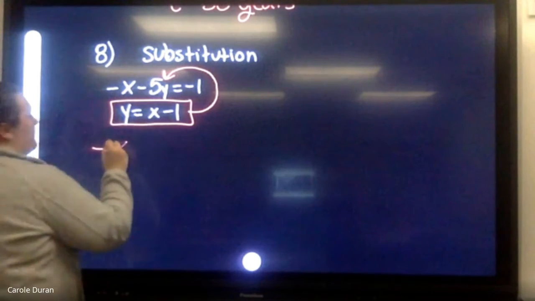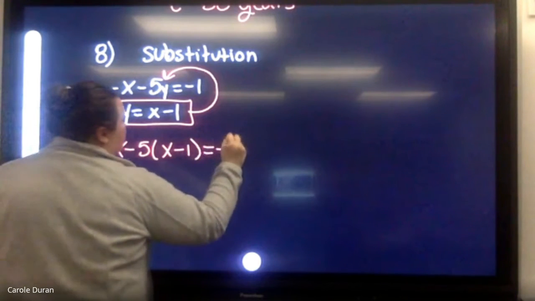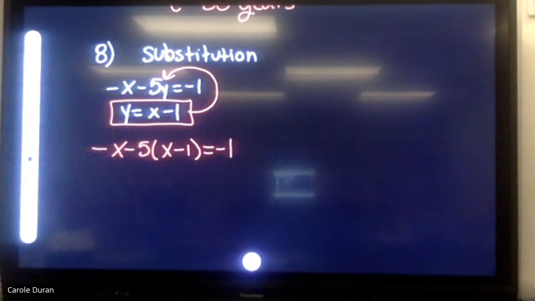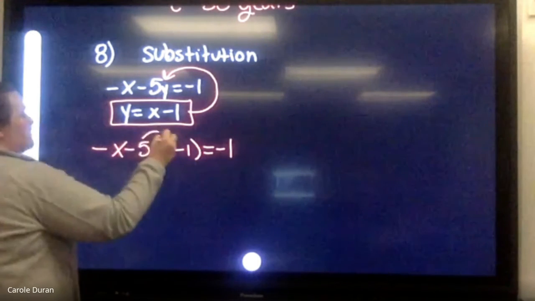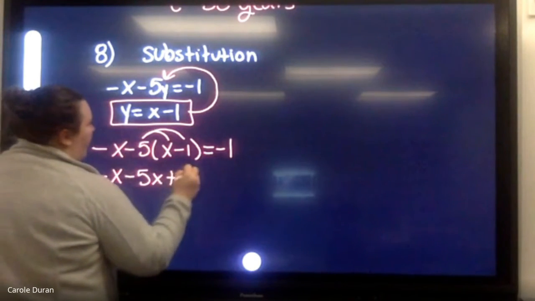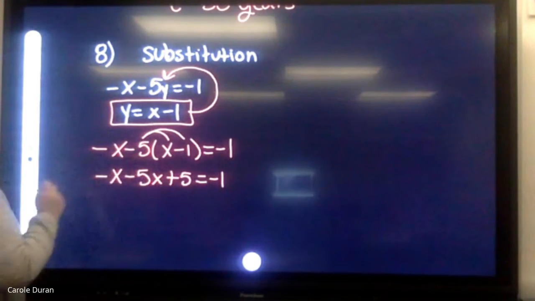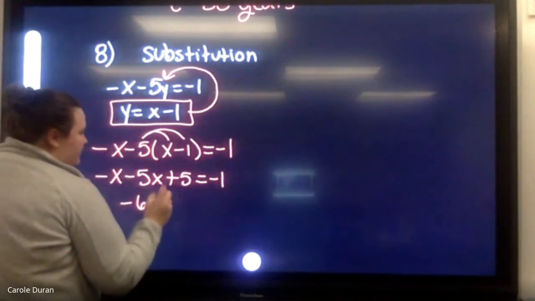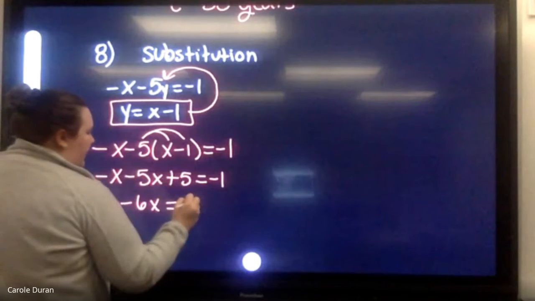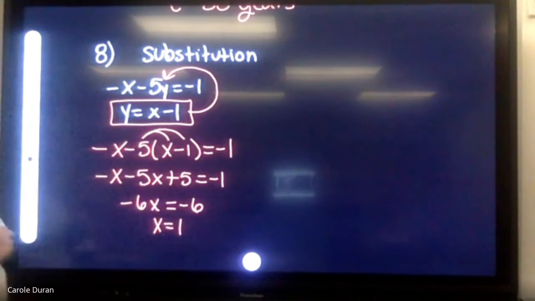So then I get negative x minus 5 times x minus 1 equals negative 1. And then from here, I distribute, I simplify, and I solve. So distributing the negative 5, I get negative x minus 5x plus 5 is negative 1. Negative x and negative 5x gives me negative 6x. Subtract the 5 over, and I get negative 6, which means x equals 1.